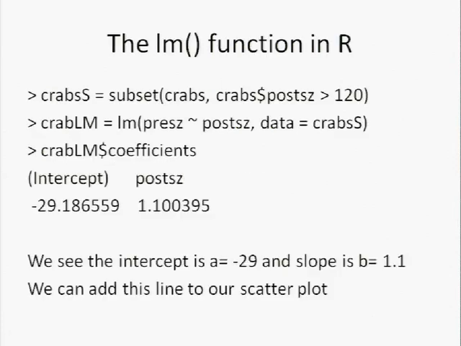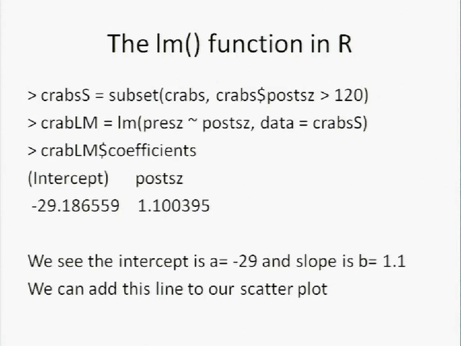Okay. Now, what's nice is that the computer does this completely for you. I'll talk about how to do the calculations in a moment, but when you're using R, it completely does this for you. The way we're going to set this up is we have this data set, and we're going to subset it, looking at only the post size greater than 120.